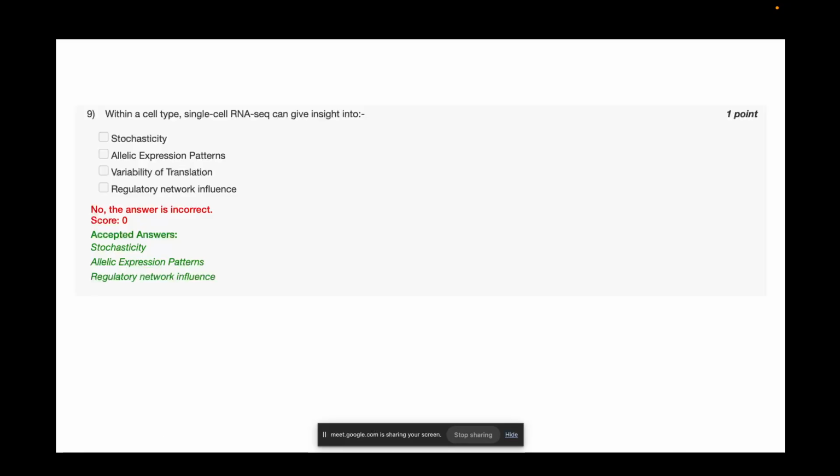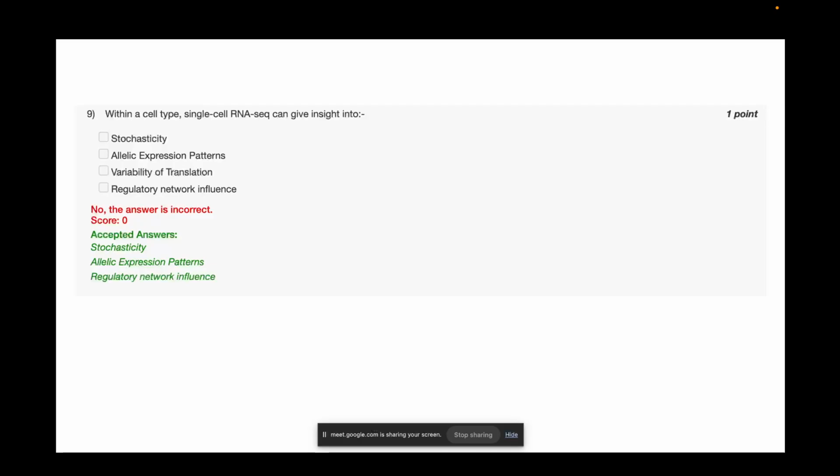Okay, single cell RNA sequencing, I think you gave all of the above. Single cell RNA sequencing cannot tell you anything about translation, right? It's basically normal RNA sequencing, but done at single cell resolution. Each cell you can extract and sequence the transcripts, but it does not tell you anything about translation.